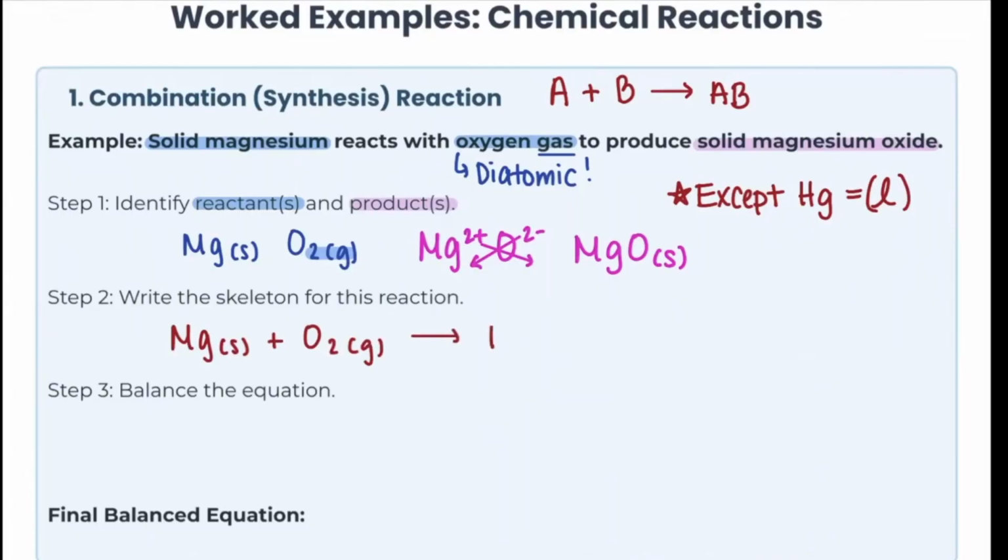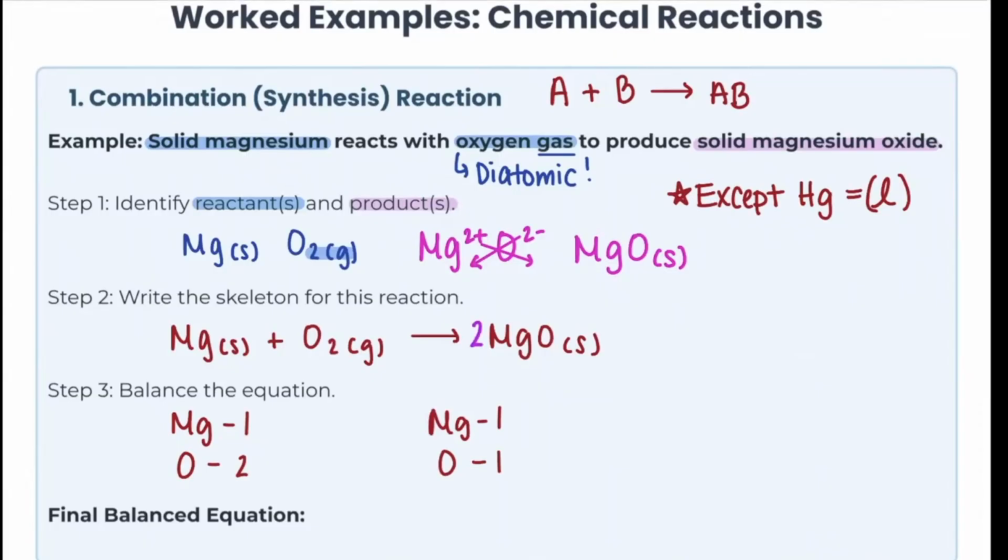Now we can balance. On the left side, on your reactant side, we have 1 Mg and 2 O's. On the right side, we have 1 Mg and 1 O. So the oxygens are not balanced. So we can add a 2 as a coefficient in front of the MgO.